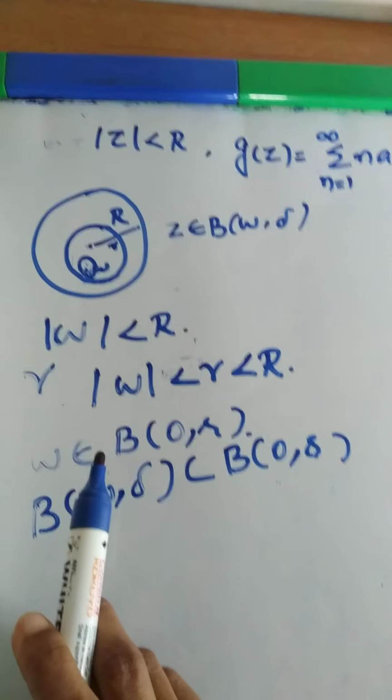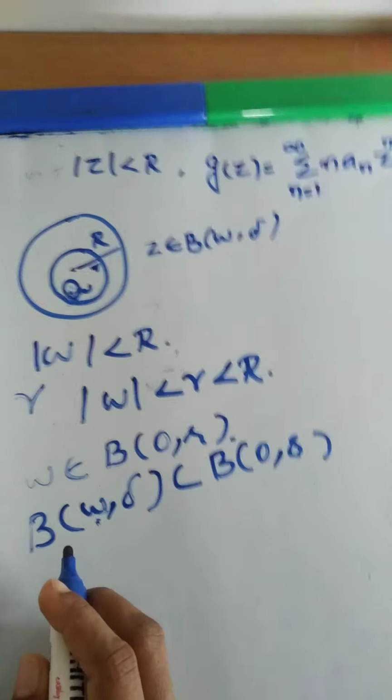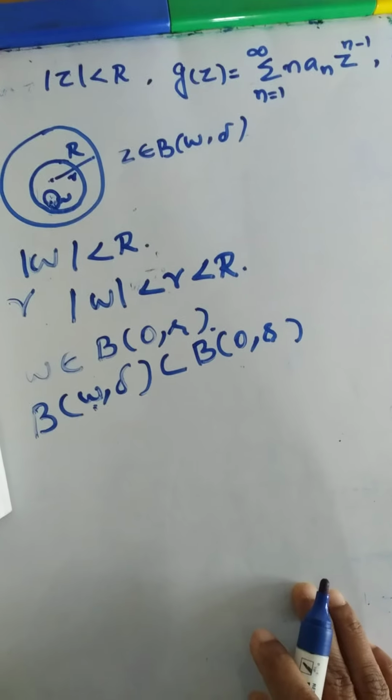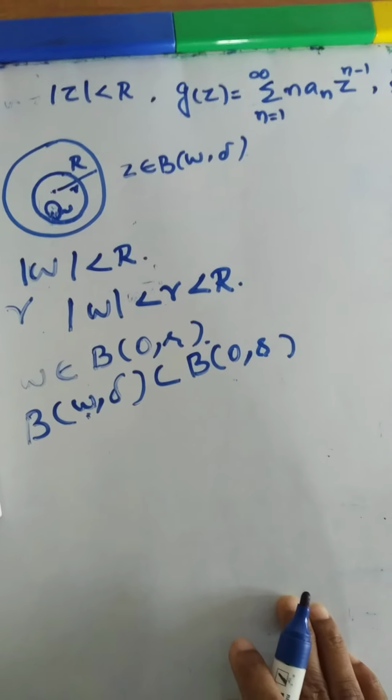Now we have to show that your F of Z is differentiable at this point W. So to prove, you know when we can say that a function F of Z is differentiable at a point A? We already defined.